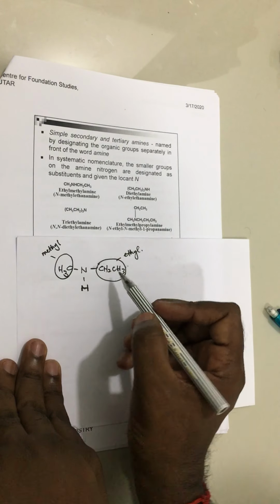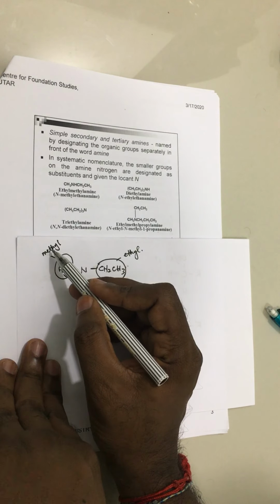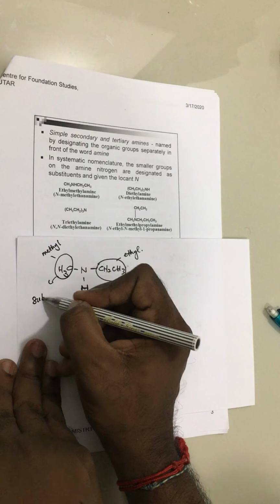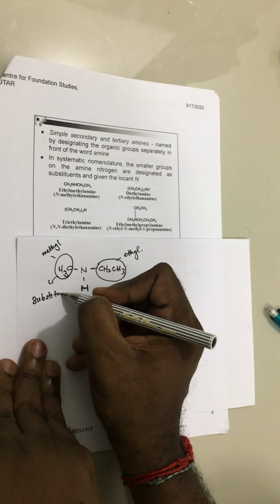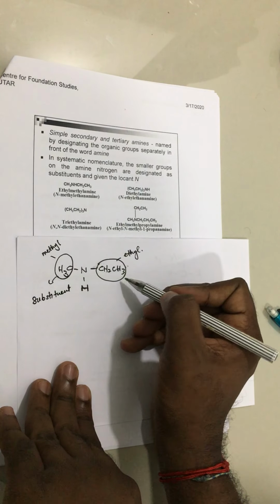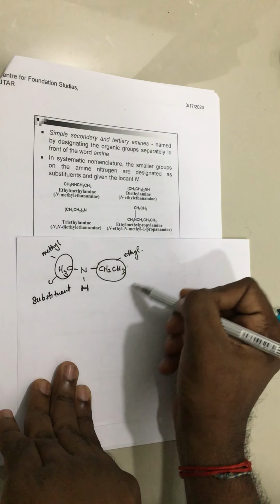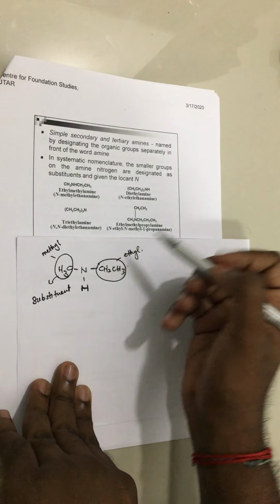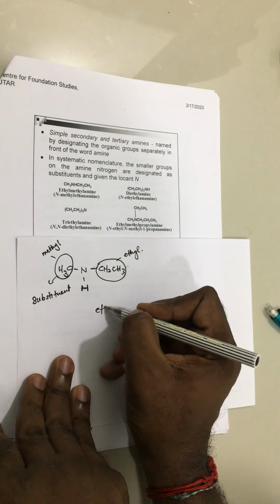Between these two, methyl is the smallest group, so you make it a substituent. And then this is a larger group, so you name it as the compound. So this is ethyl, so actually it's ethanamine, right? Okay, so it's ethanamine.